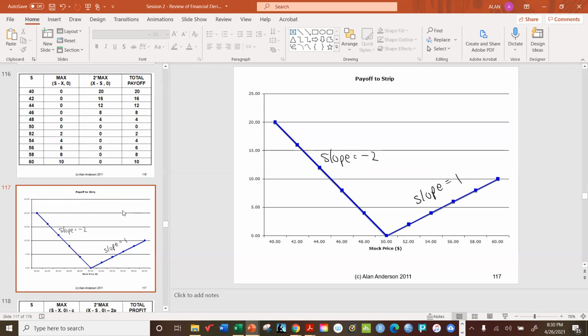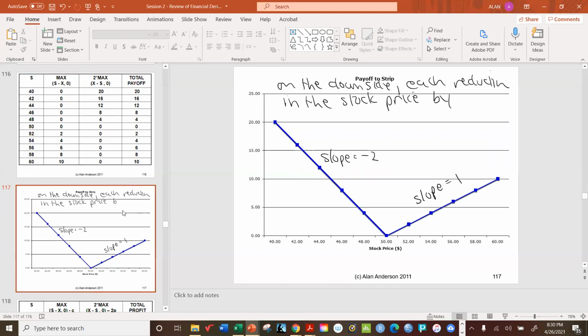So on the downside, each reduction in the stock price by $1 increases our profit or payoff by $2 instead of just 1.